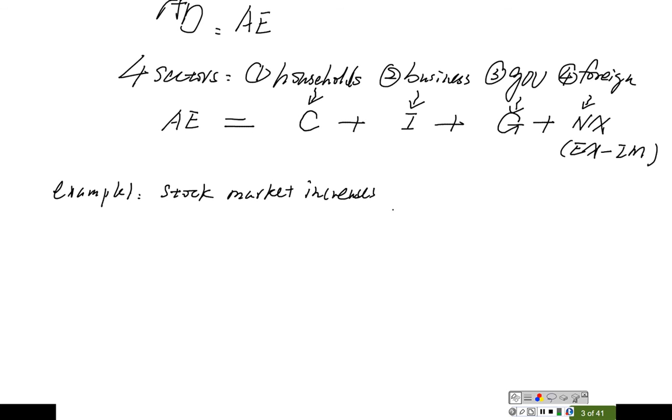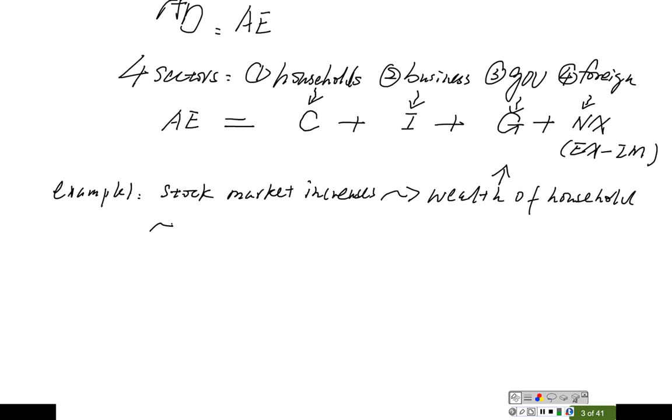First you need to think about how this event may affect one or more components of the aggregate expenditure. When the stock market price increases, because many people invest their money in the stock market, the wealth of the people will increase. So wealth goes up.